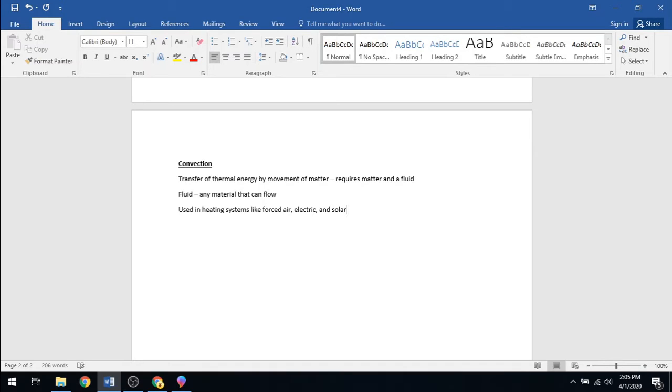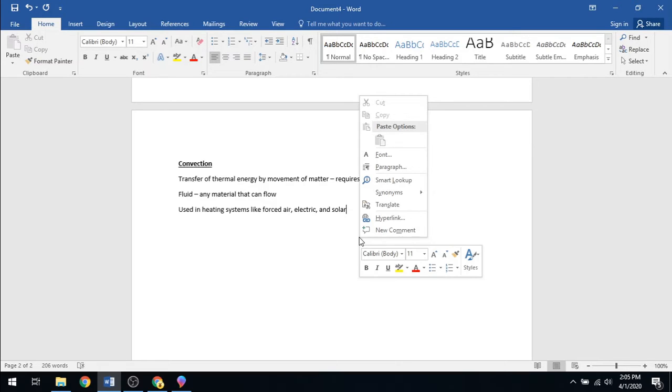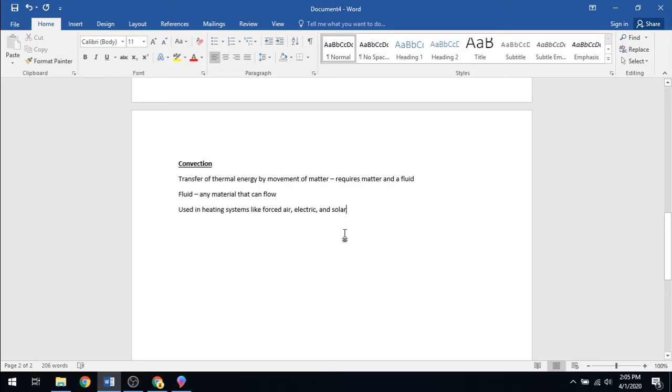Usually when you heat things up, most of the time you're using some sort of convection. It's usually a lot safer than trying to put something very hot onto things. We'll talk a little bit more about convection heating systems in a minute.